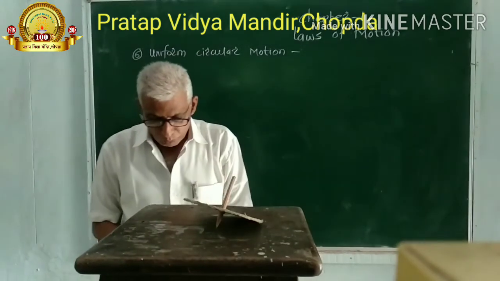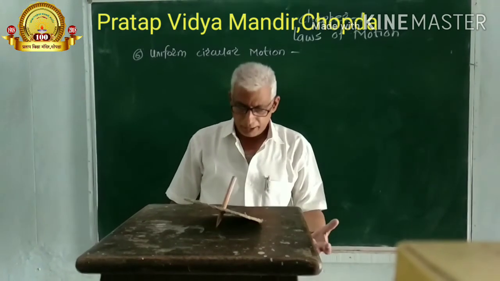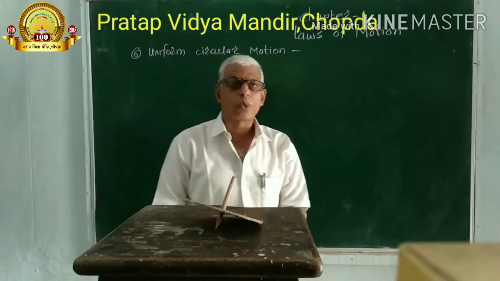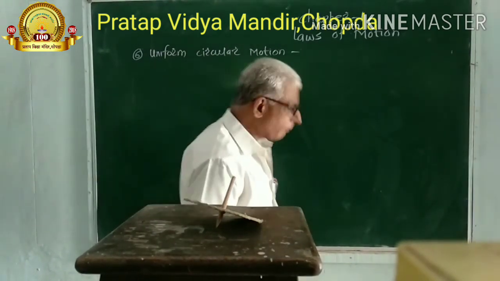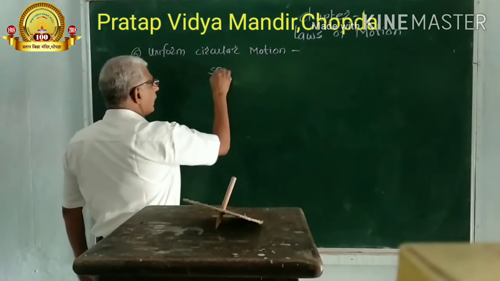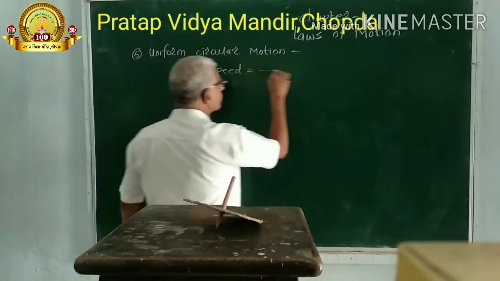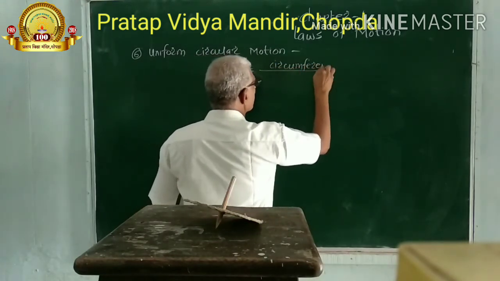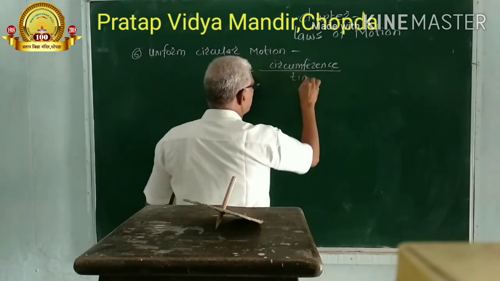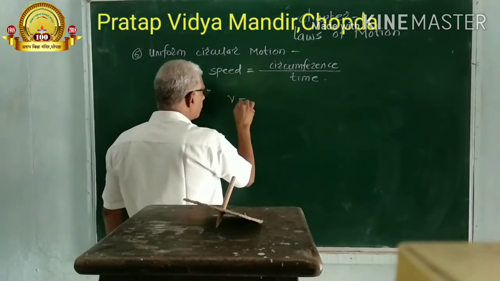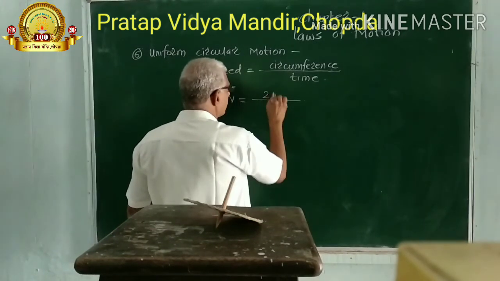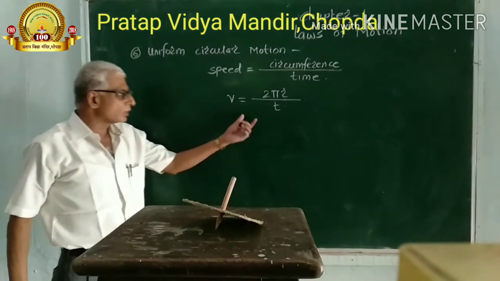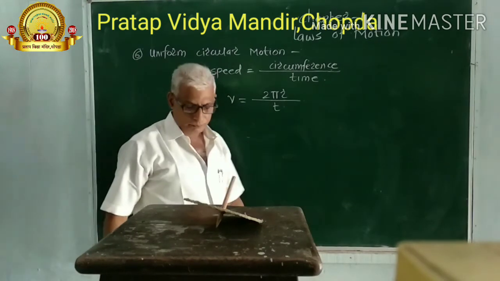If an object is moving along a circular path of radius r and time t, its speed can be calculated by this formula: speed is equal to circumference upon time. Speed is denoted by v and circumference is 2 pi r, so v is equal to 2 pi r upon t.